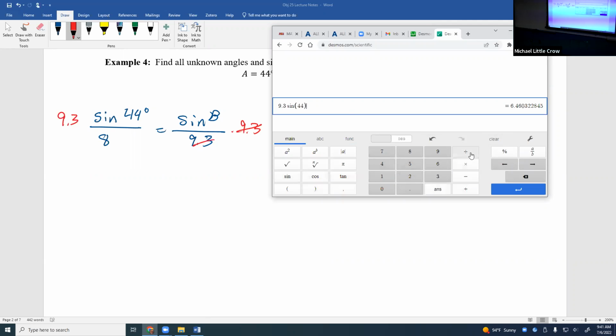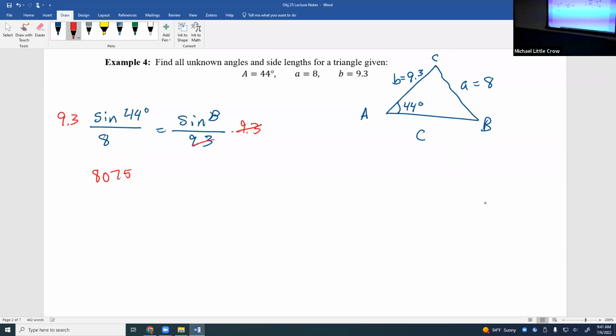Close that, divided by 8. And we get 0.80754, right? And that's going to be equal to the sine of B.